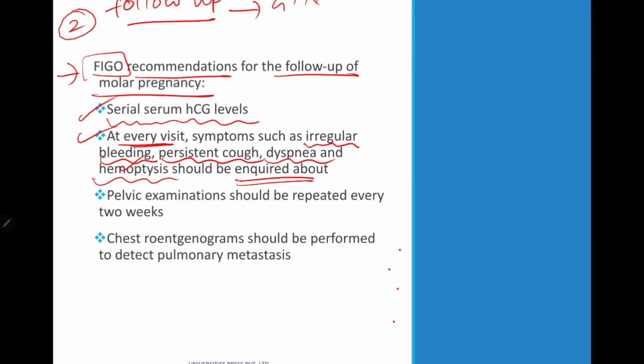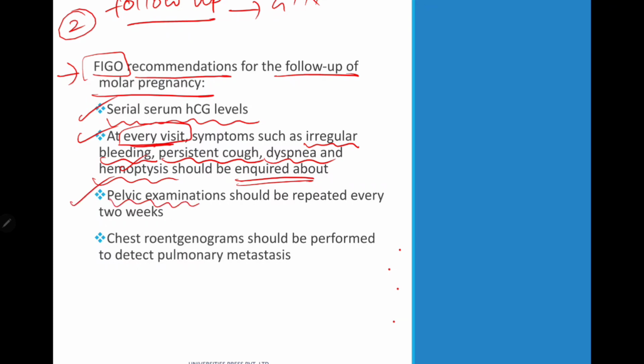These are to rule out metastasis to the lungs. At every visit, we need to inquire about all these features.